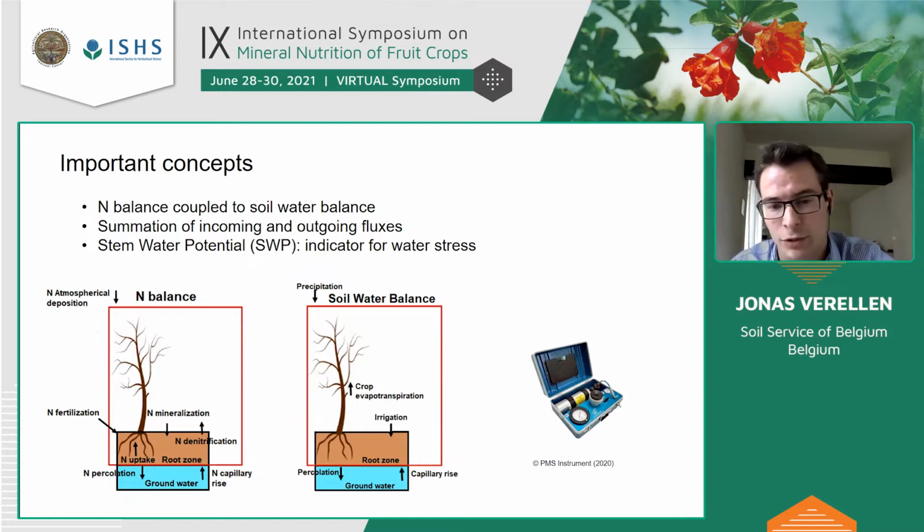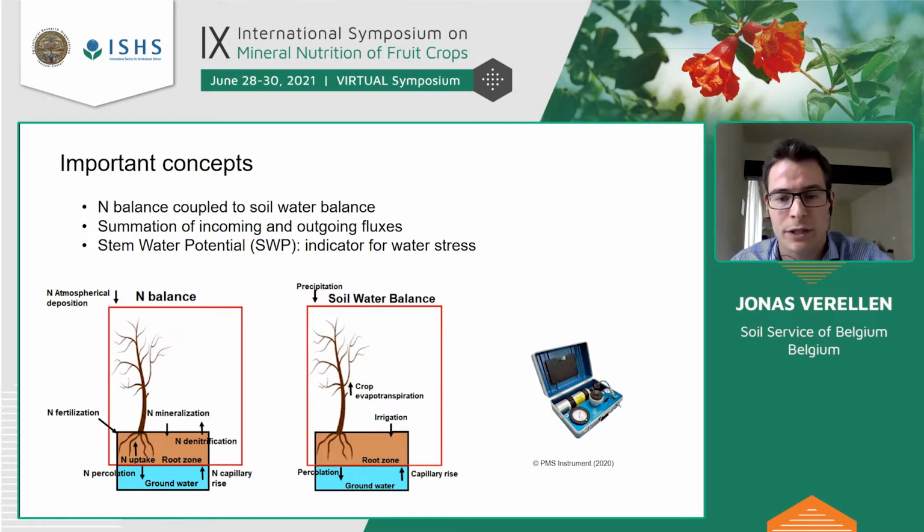Processes which have a positive influence on the soil moisture content are precipitation, irrigation, and capillary rise from the groundwater table to the root zone. Processes which have a negative influence are, for example, water which leaches out from the root zone to the groundwater, and crop evapotranspiration by the pear tree.